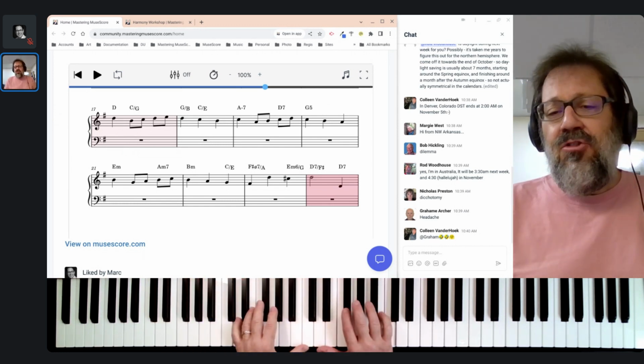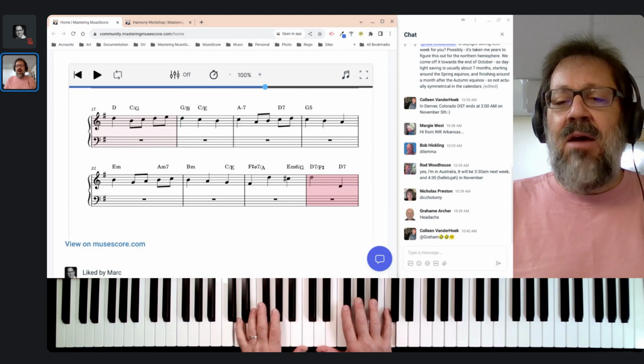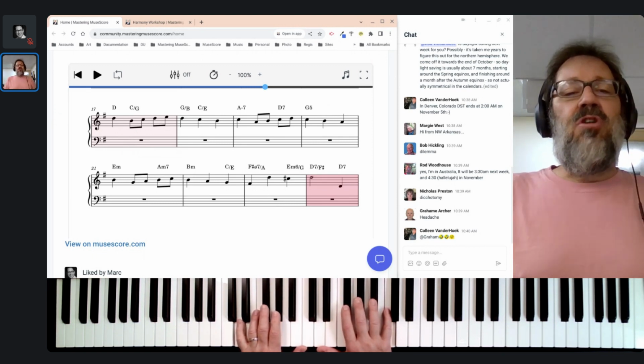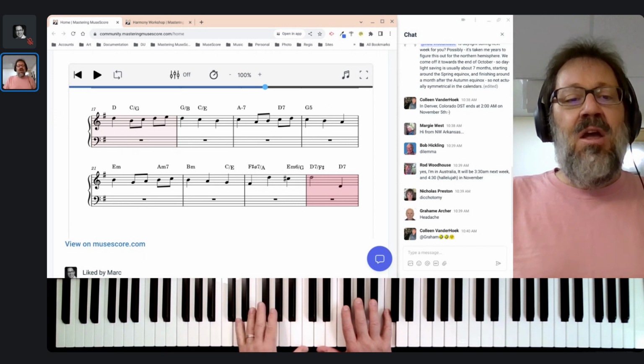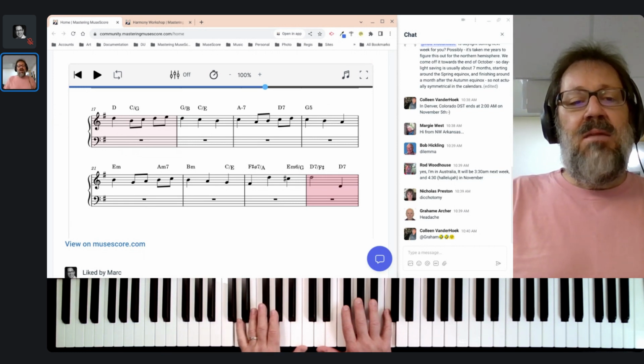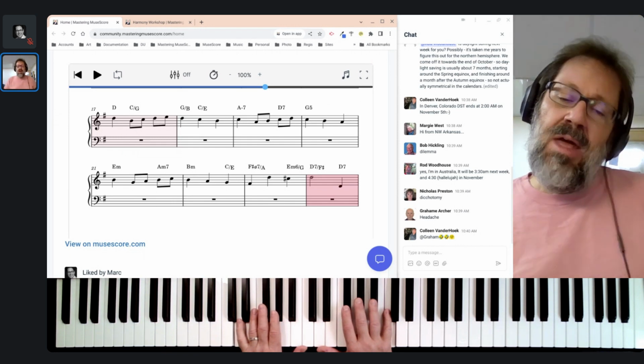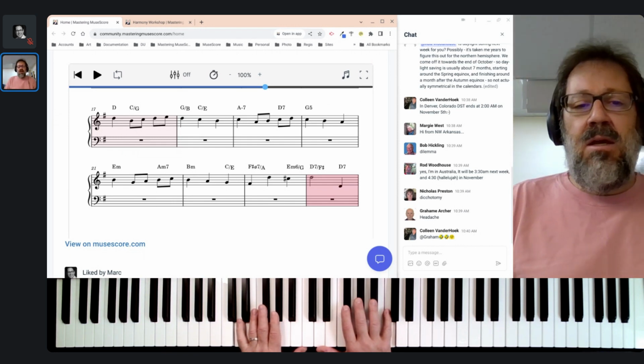Now, the issue that I'm going to have here, and Kevin, inversions is what I'm wondering about, where these inversions are coming from. Because what's happening is you've actually made the bass line considerably jumpier than it might have been.